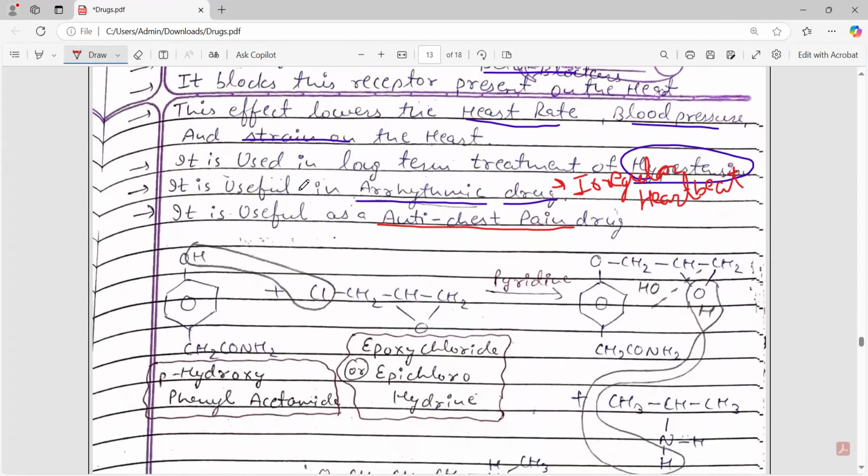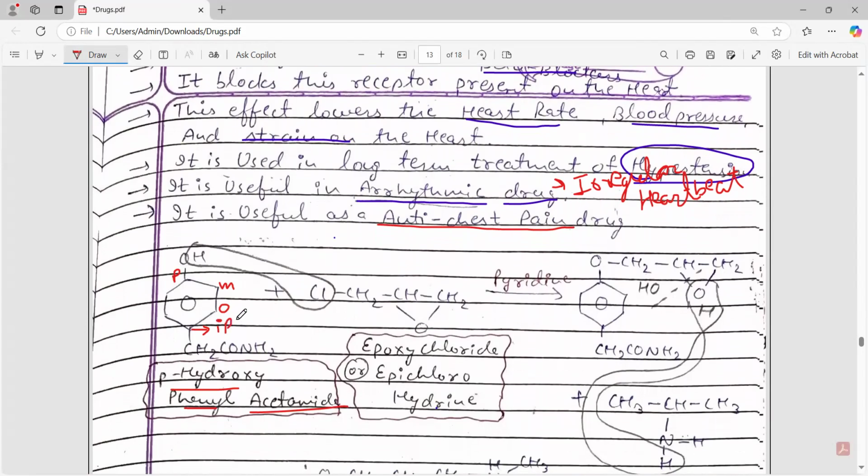The starting material for atenolol or tenormin is para-hydroxyphenyl acetamide. Here this is the para position with respect to acetamide. This is meta, this is ortho, and this is known as the ipso position, the position directly attached with the carbon.